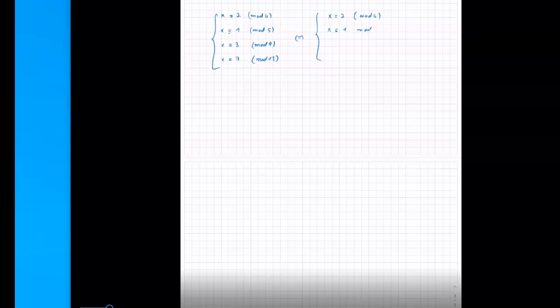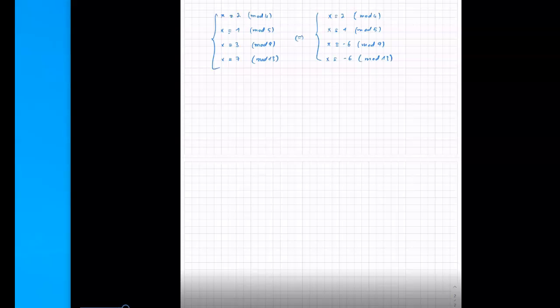The first remark is to use negative numbers to understand a little bit more, and to see that x congruent to 3 mod 9 is x congruent to minus 6 mod 9, and x congruent to 7 mod 13 is also x congruent to minus 6 mod 13.